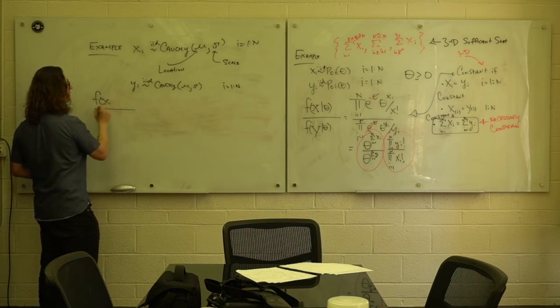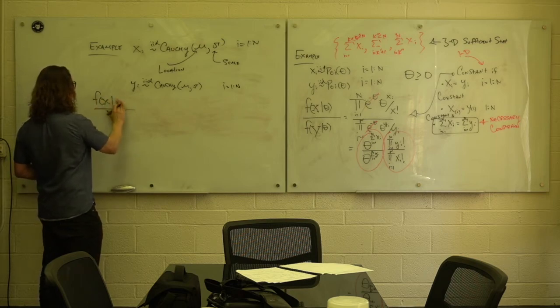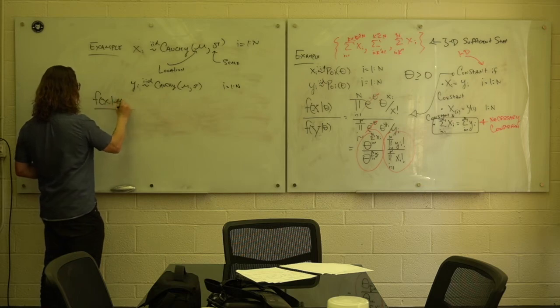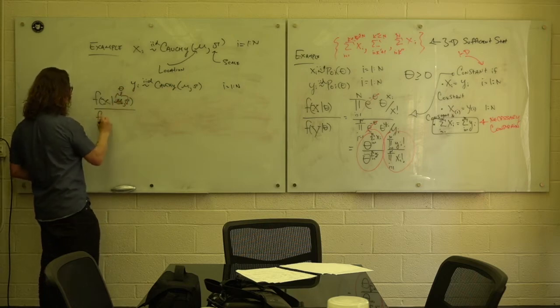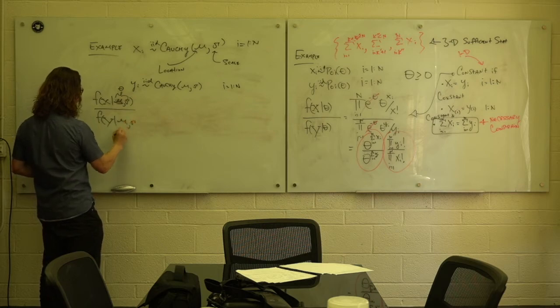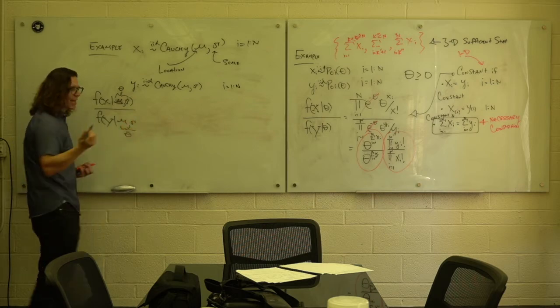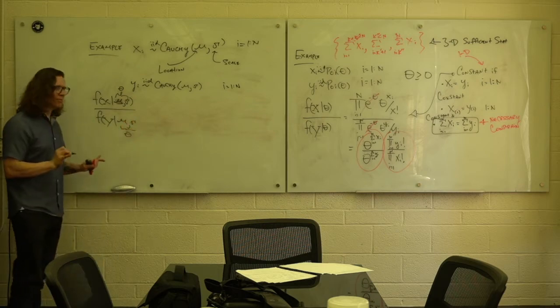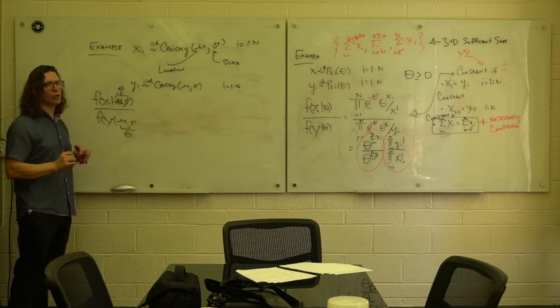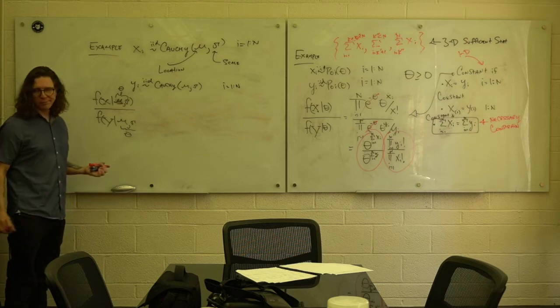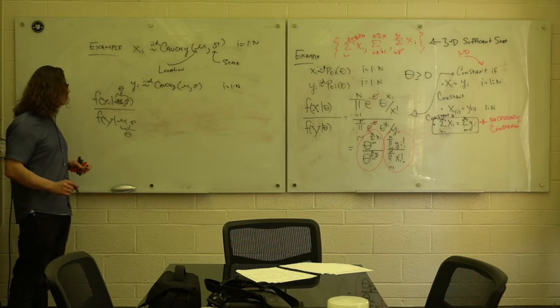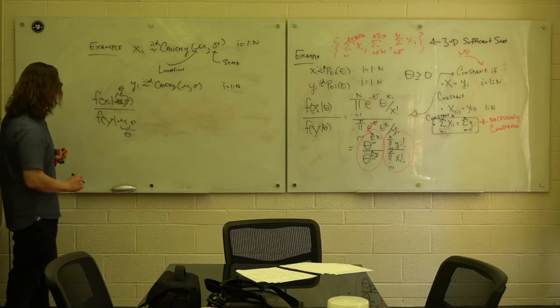F of x given mu and sigma. Let's say this is theta. F of y given mu and sigma. Again, we're calling that theta. And it actually doesn't matter. Theta could have just been mu and sigma given, or you try to infer sigma. So the same thing's going to happen in all of these cases.